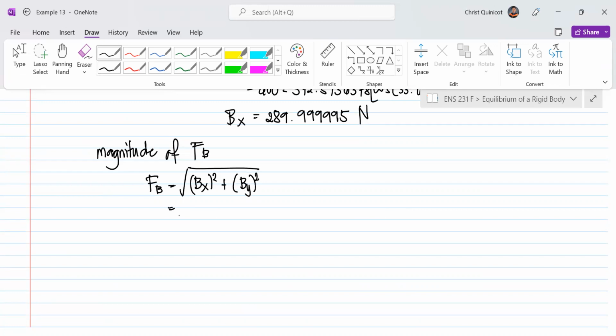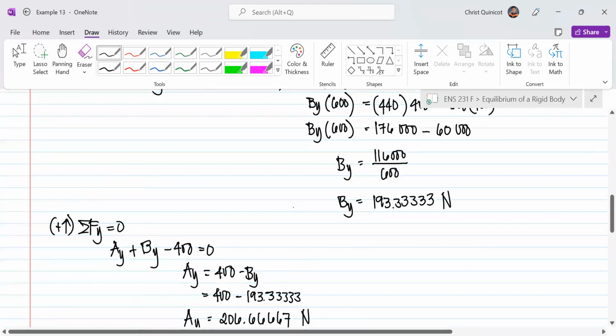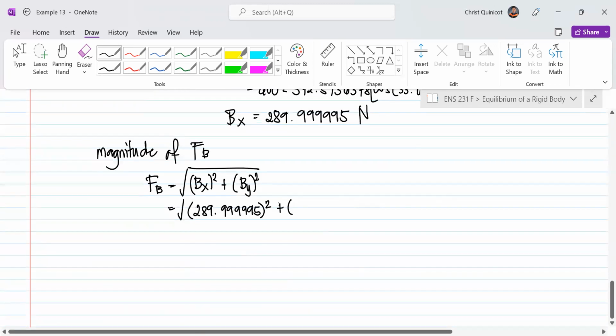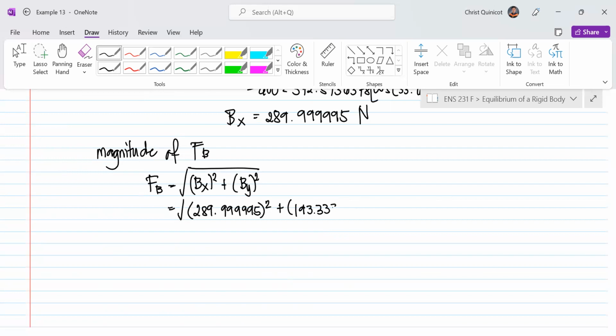And then this is equal to the square root of 289.99245 squared plus, and our B sub y way up here, that's 193.3 repeating, so 193.12345 squared. And then you write the entire square root sign.